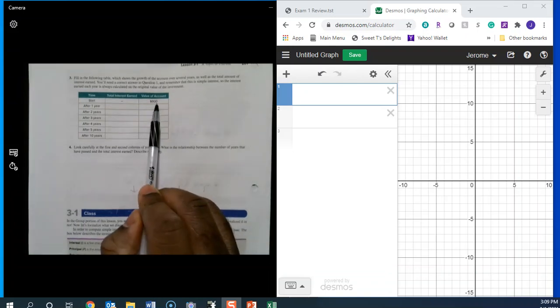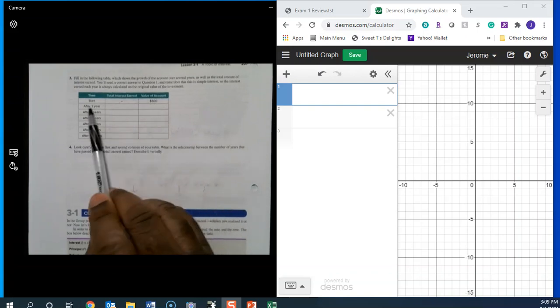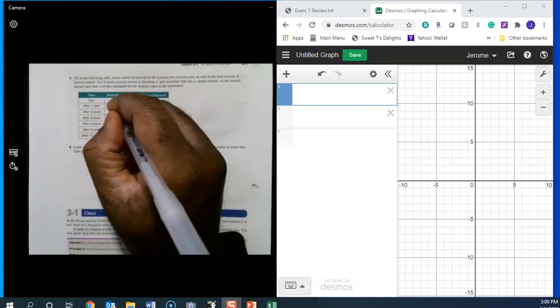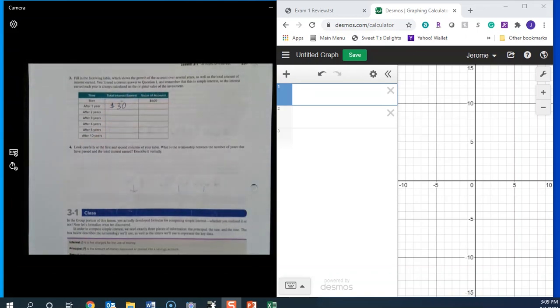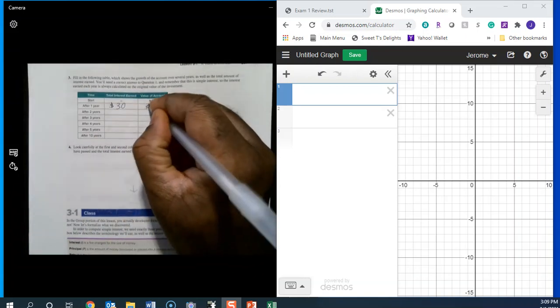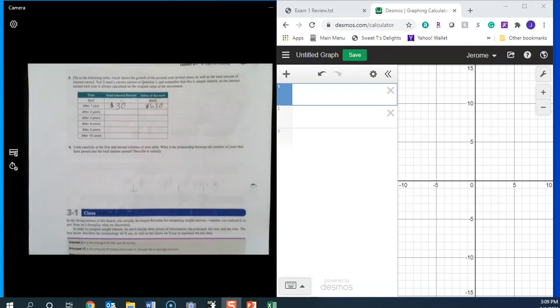So the value of the account, we started off with $600. After 1 year, in our previous problem, we determined you would get $30 in interest. So now your account value would be $630. You have the original $600 plus the $30 in interest.